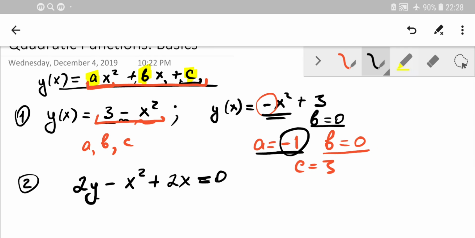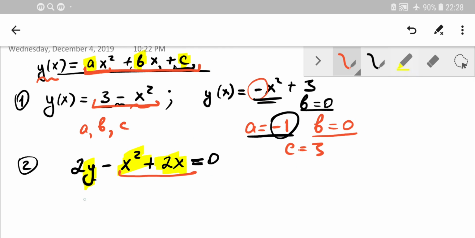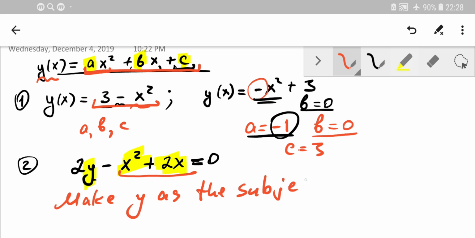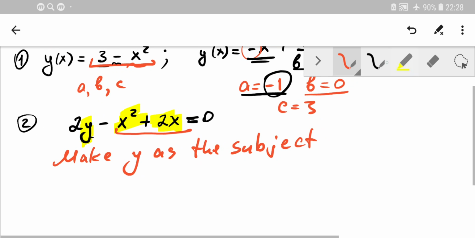Because you have y here and some x's there, you need to split them, because y normally should be on the left-hand side. So you simply need to make y the subject. In other words, you need to express y and make it the subject of this equation. All right, let's do it.